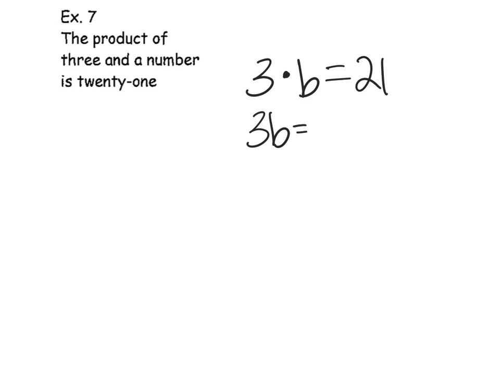The product, I'm multiplying, of 3 and B for Brian is, what's is? Equals 21. 3B equals 21. So, 3 times B. How do I get rid of something that's multiplied? Divide it. I'm going to divide both sides by 3.